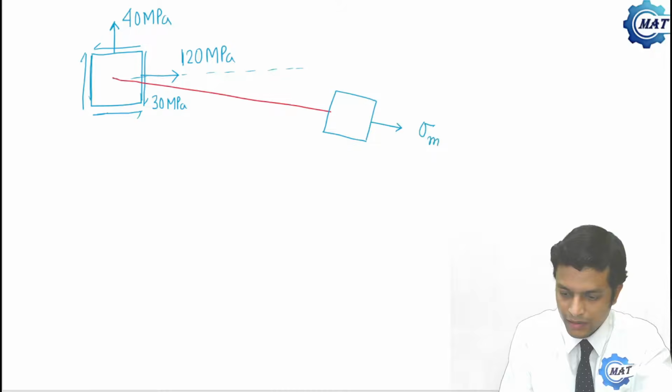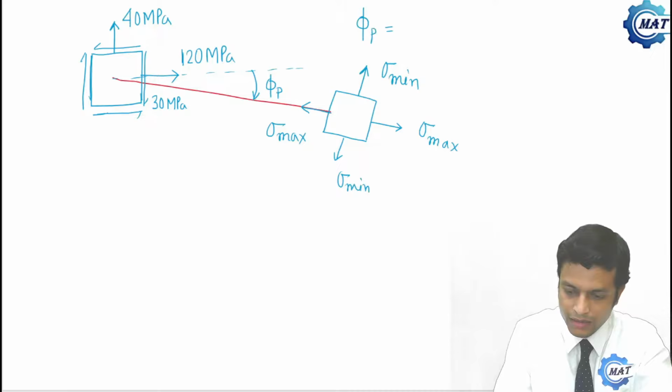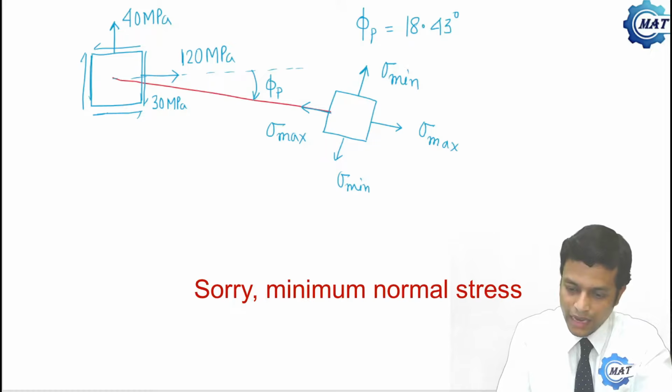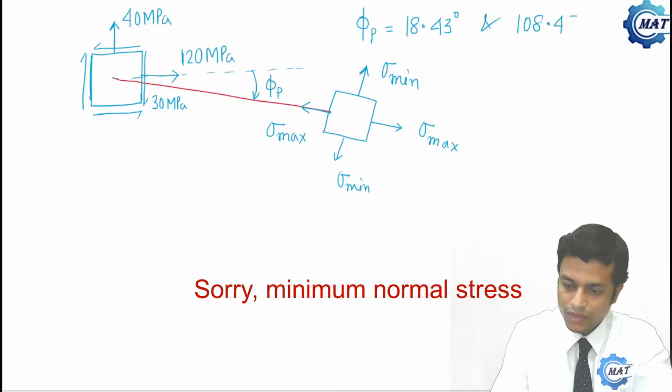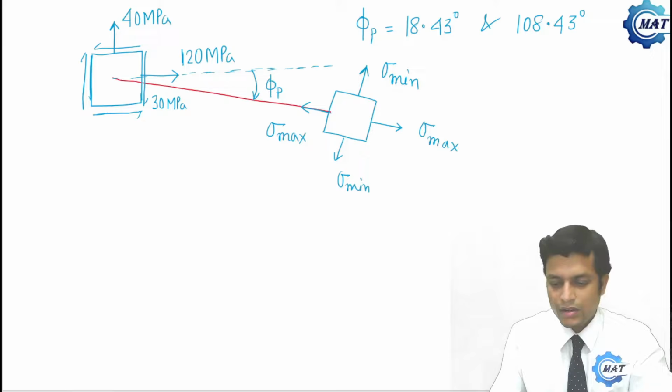This is sigma max, this is also sigma max, this is sigma min, this is sigma min, and this angle is phi p, where phi p is 18.43 degree, and for the other plane, that is another 90 degree, so 108.43 degree. So this is the schematic diagram for principal plane.